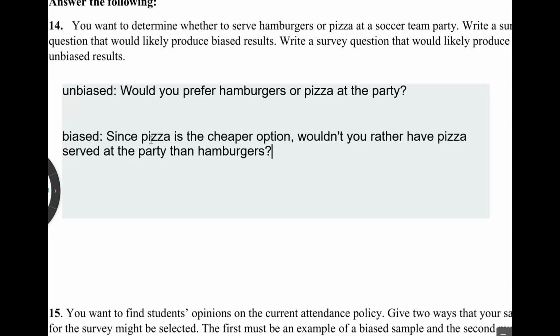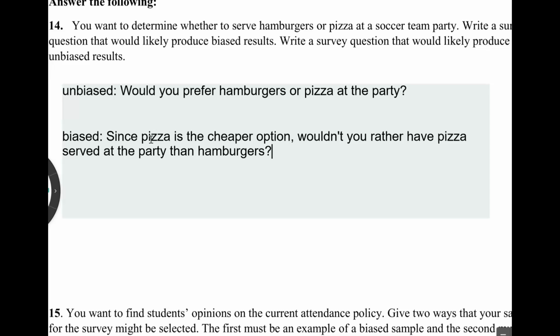Okay, what did you guys come up with? Let's have two people share their biased questions, and then two people do unbiased. Two biased first. Lauren? Biased: would you rather have yummy hamburgers or gross crazy pizza? Solid.